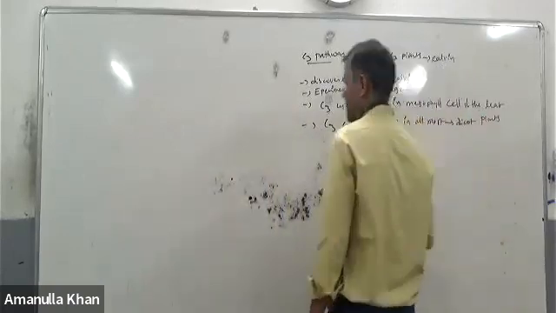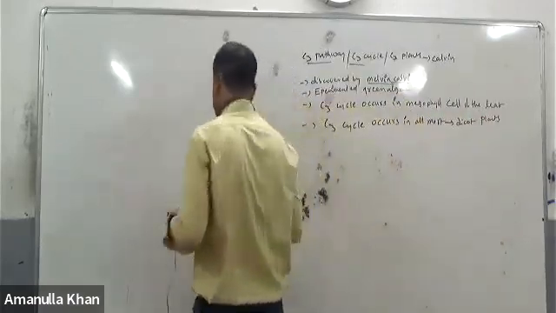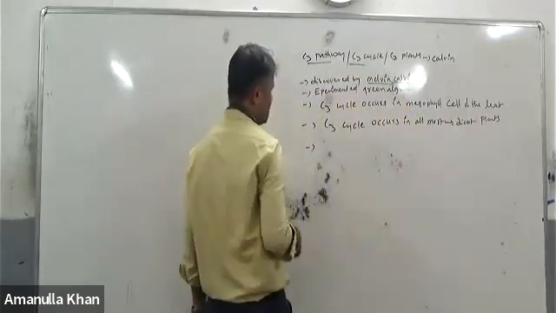Okay. Now the C3 cycle occurs in how many steps? The C3 cycle occurs in 3 steps.